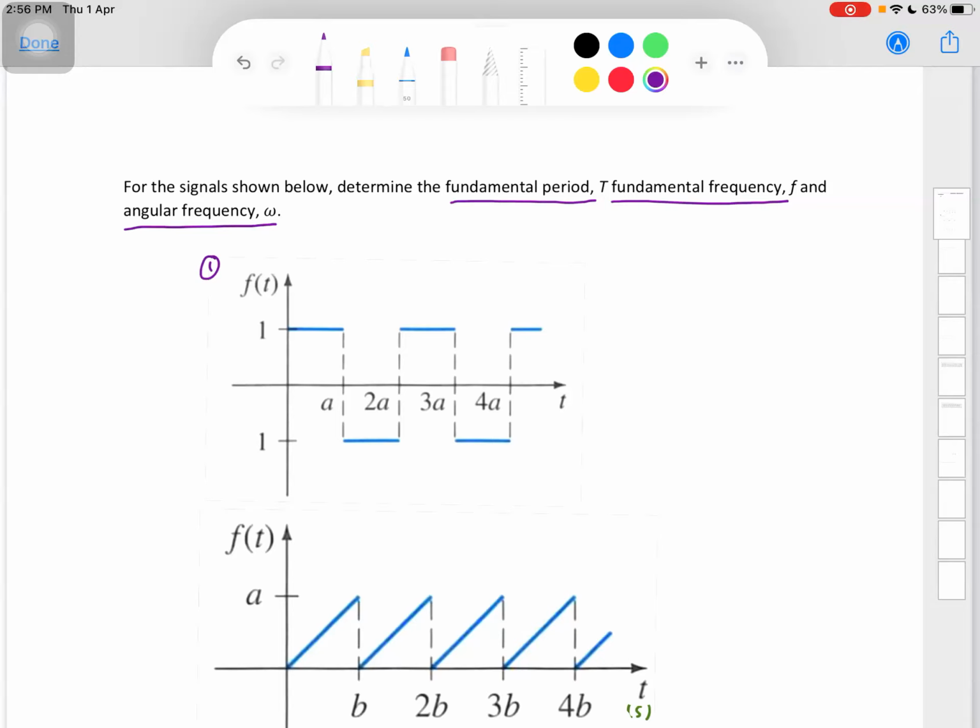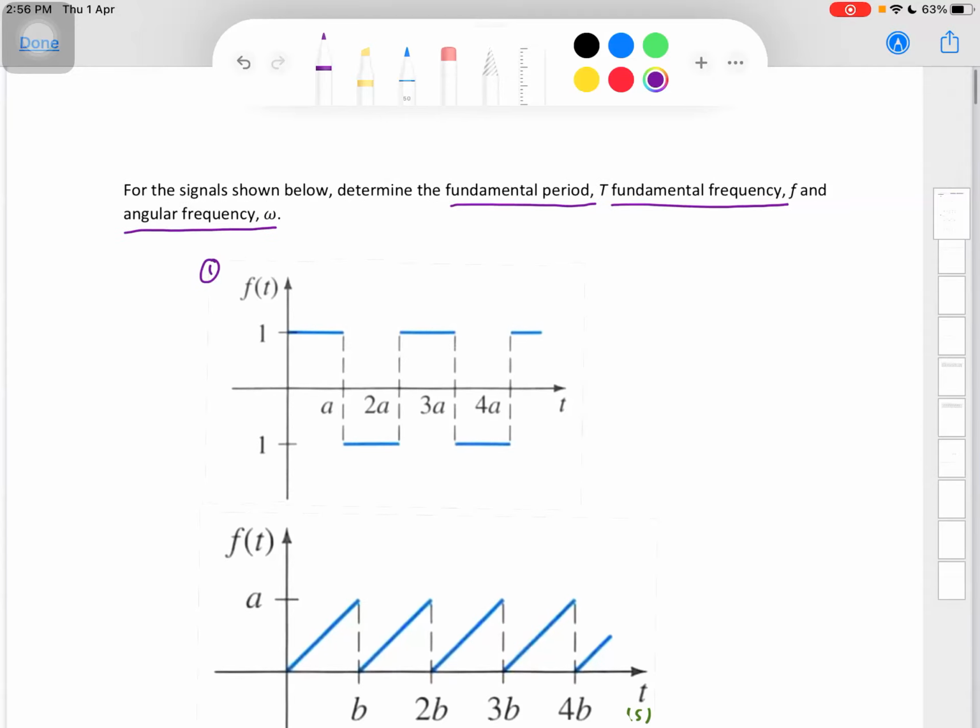We know that the fundamental period is the time taken to finish one cycle, right? If we look at this signal, let's say I start from here, go down, go to the right and go up.